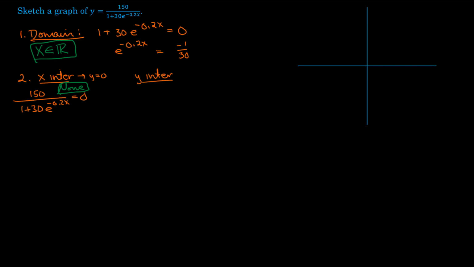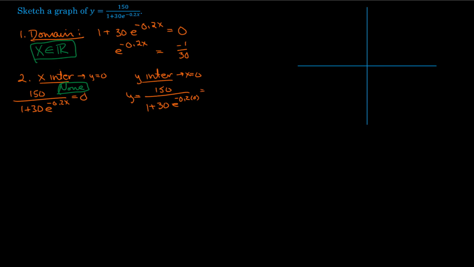Okay, so what's going on next? The next thing we're going to do is take a look at the y-intercept. For the y-intercept, we want to recall that the y-intercept occurs where x is 0. So this is going to give us y is equal to 150 over 1 plus 30 e to the negative 0.2 times 0.